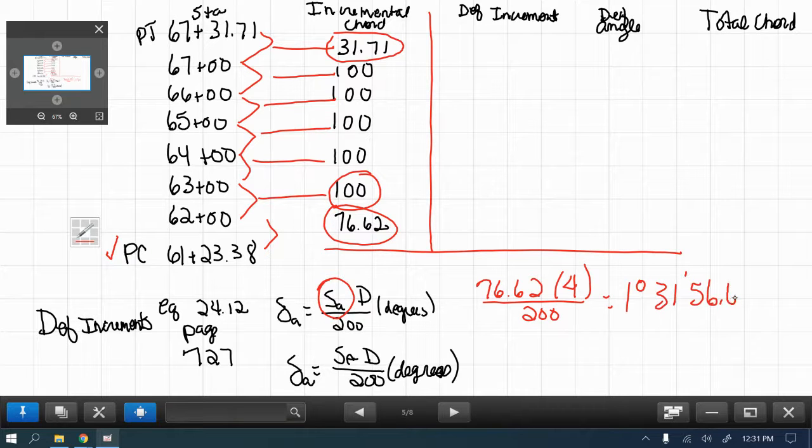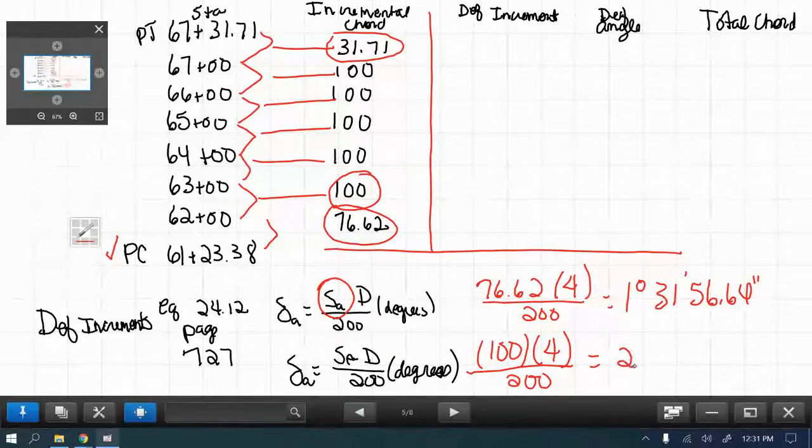I'll write it in. So for all the ones that are 100, that'd be 100 times your D divided by 200. So 200 is the only constant. 100 times 4. Two degrees. Now, this one's great.